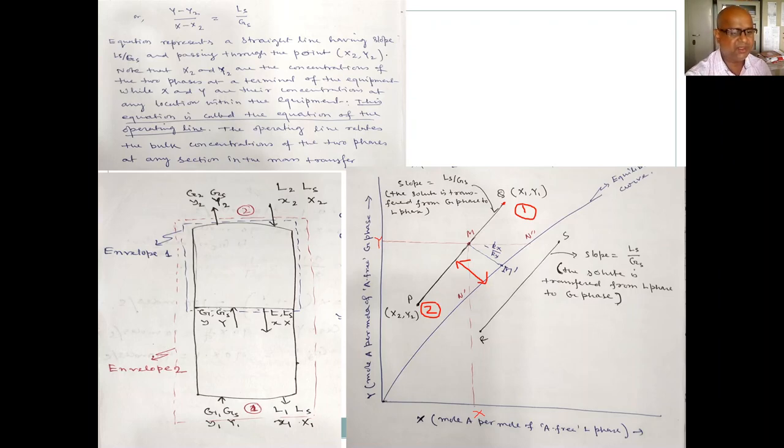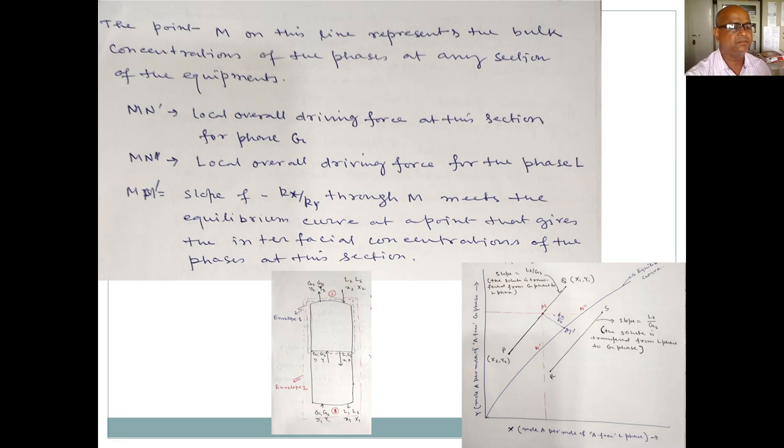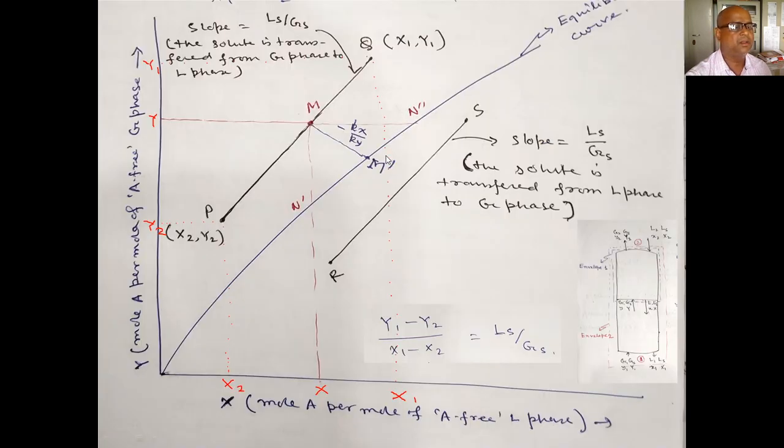Okay, let's see this curve in a far better way. So this is your equilibrium curve, this is my operating curve. x1 y1 is point 1 and this is point 2, and at any point, let's take M, that is x and y.